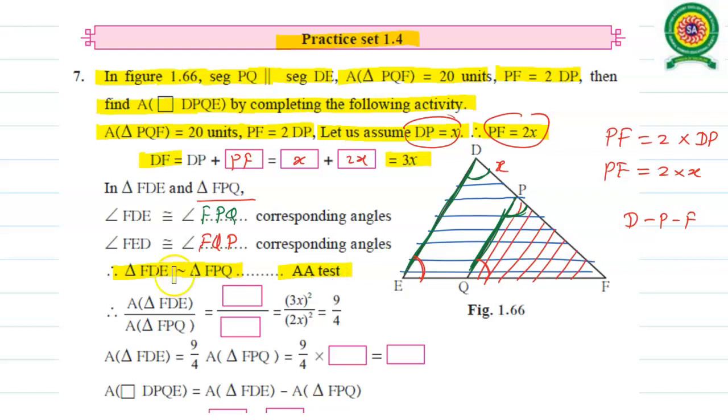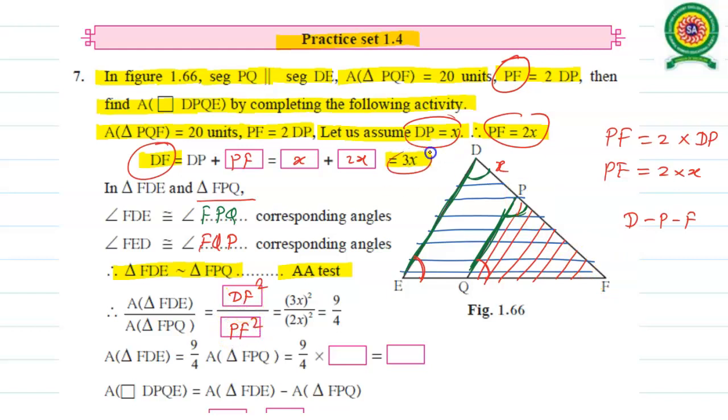Once the triangles are similar, the ratio of their areas is equal to the ratio of the squares of the sides. Which sides will we require? We will require PF and DF. So area of triangle FDE, the overall triangle, divided by area of FPQ equals DF square divided by the corresponding side PF, the whole square.